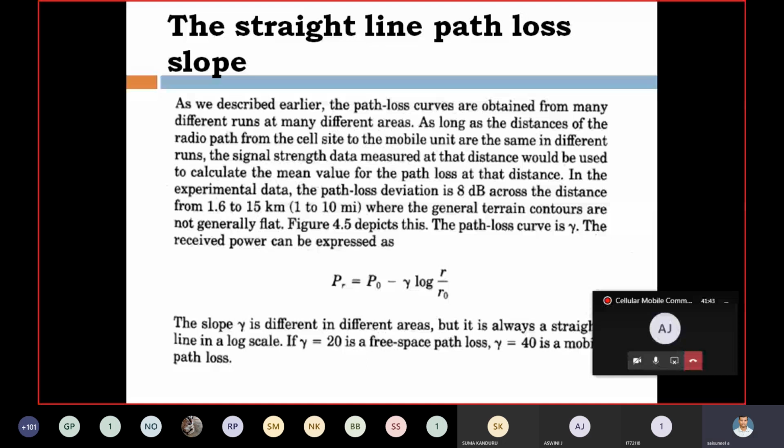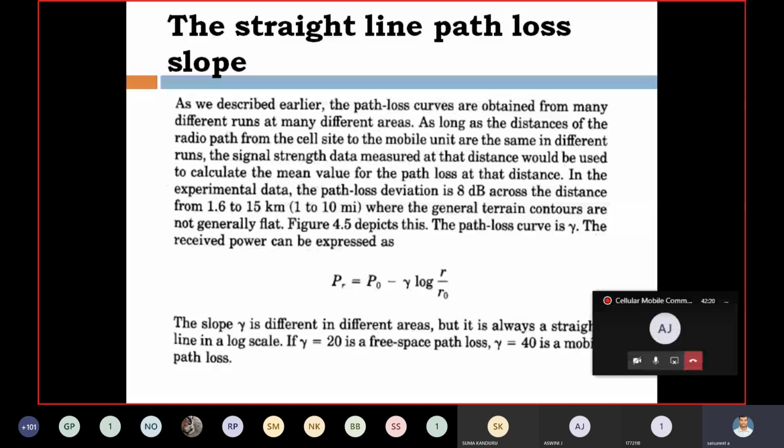Suppose you have to calculate the received signal due to attenuation. Suppose I am transmitting a signal with a peak to peak amplitude of 10 volts, but we are receiving 8 volts peak to peak. The remaining 2 volts peak to peak is lost, which is nothing but attenuation.